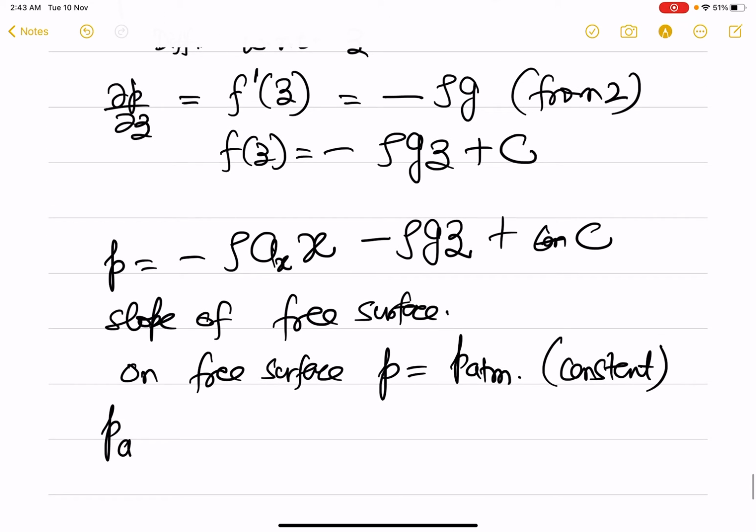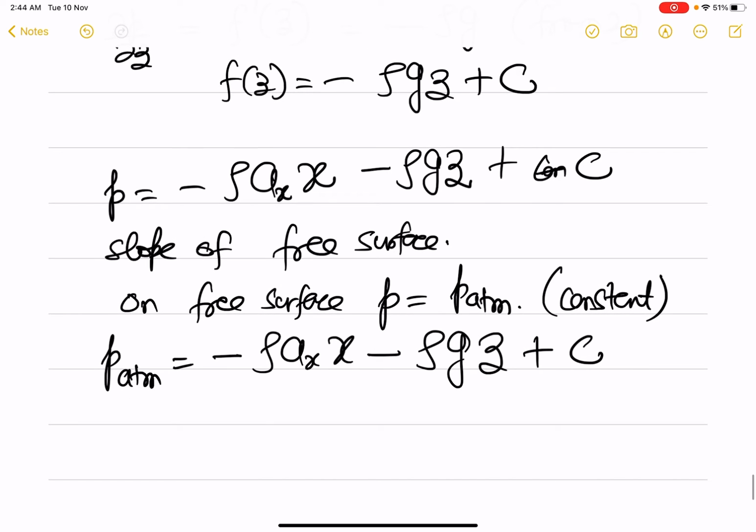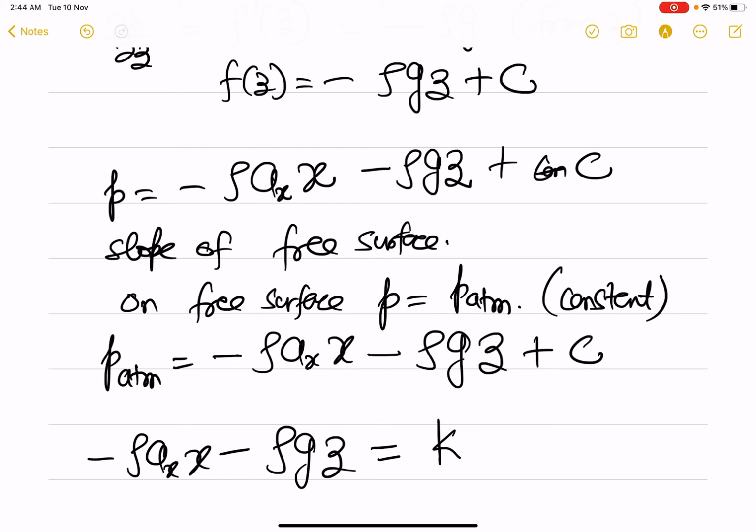So there we will get P atmosphere is equal to minus rho ax times x minus rho gz plus c. So what I can get from here is minus rho ax x minus rho gz is equal to k, which is equal to P atmosphere minus c.